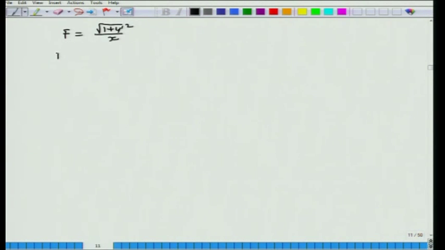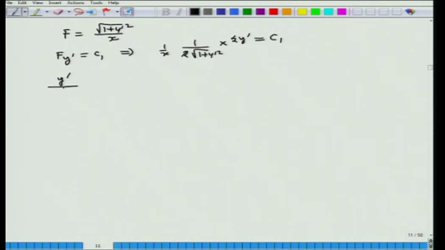So f_y' equal to c1 implies that 1 over x, then 1 over 2 root 1 plus y prime square, into 2y' equal to c1. So 2 cancels, and y' over square root of 1 plus y prime square equals c1 x. So, here we will try to get the parametric form of the equation.